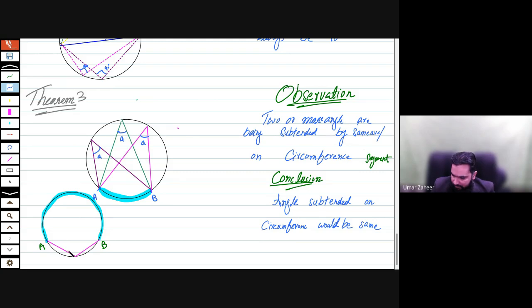So it is obviously not going to be equal to this one, because the green one is the angle subtended from the minor arc. On the other hand, the blue angle A is subtended from the major arc AB, while B is subtended on the minor arc AB, so A and B will not be equal. You have to look at whether they are subtended from the same segment, the same arc. Clear?